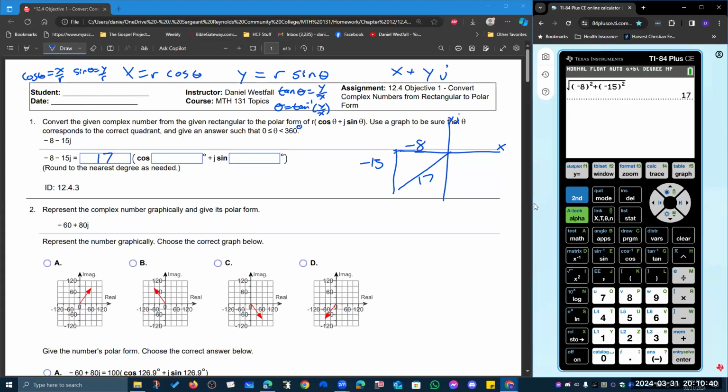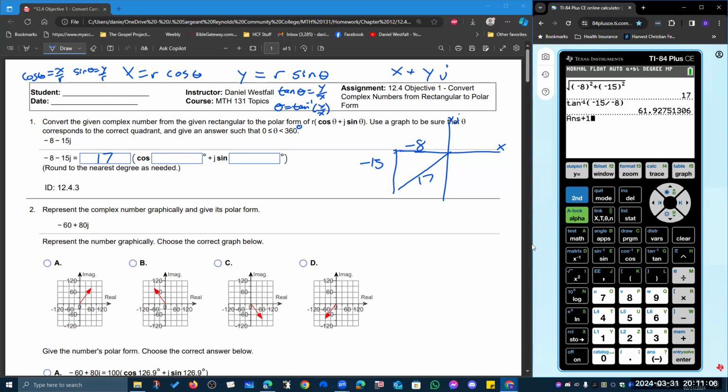So arctangent of negative 15 over negative 8. This is going to give me a positive number inside here. It's going to return an angle in quadrant 1. I know that's not right. I know I'm not in quadrant 1, but I'm going to be 180 degrees off of the answer that I want.